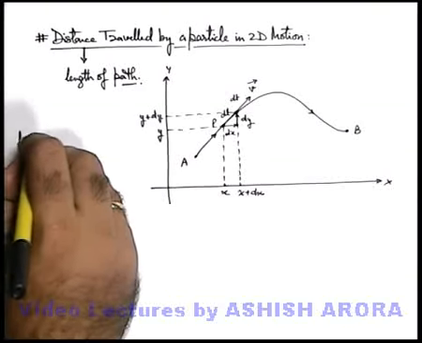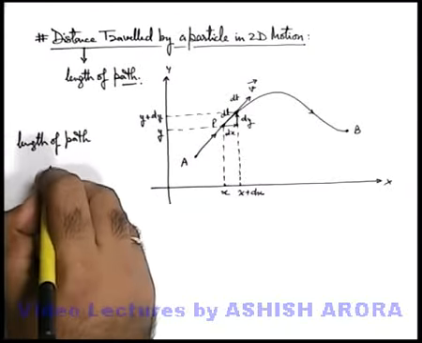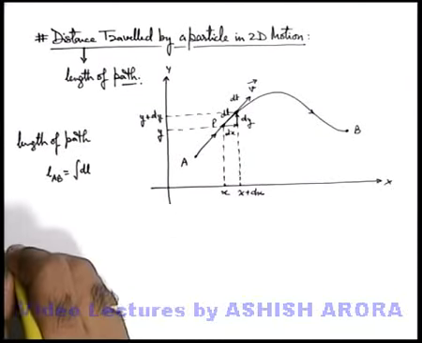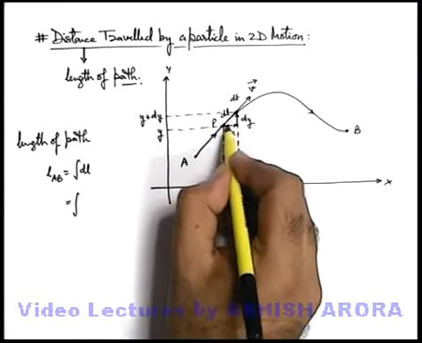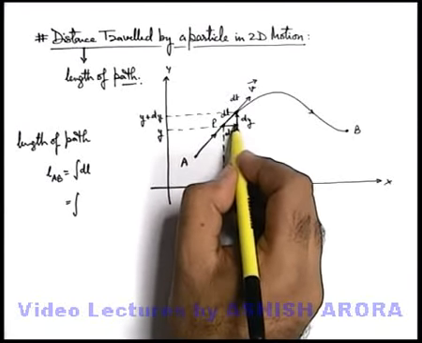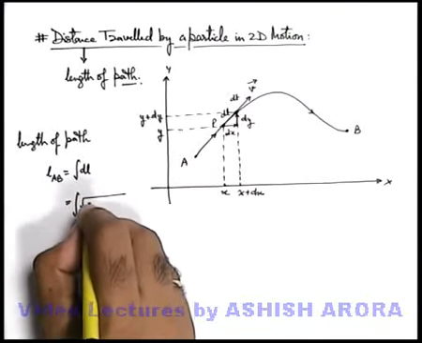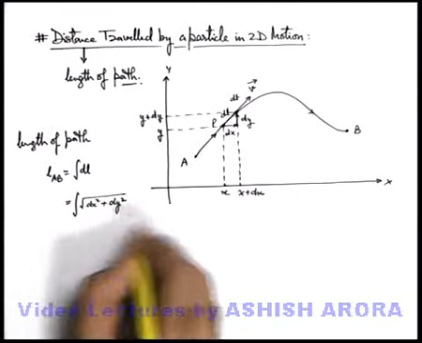So here we can simply state the length of path L from A to B can be written as the integration of dl. This dl can be written as the vector sum of dx and dy, which can be calculated by Pythagoras, that is root of dx square plus dy square.